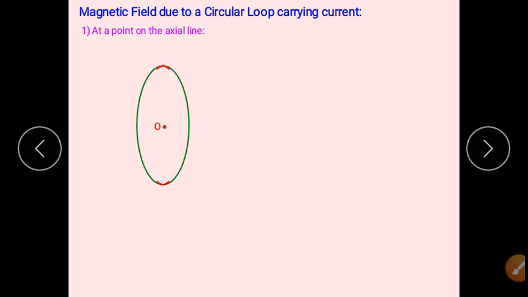So first you consider a current carrying loop. Loop means circle, which is having center at O. Its radius is given as small letter a.